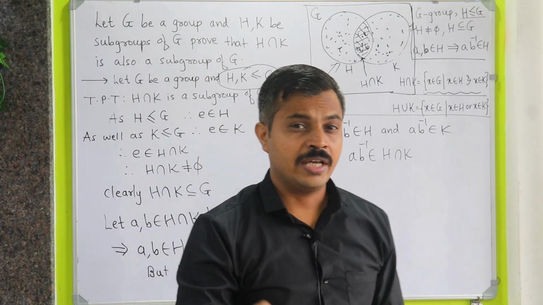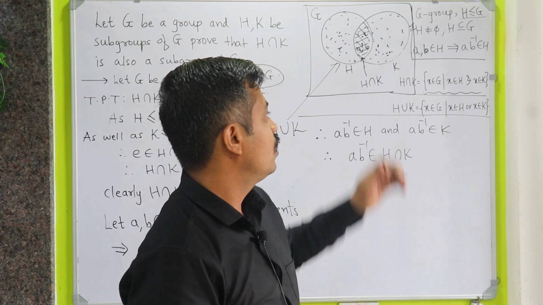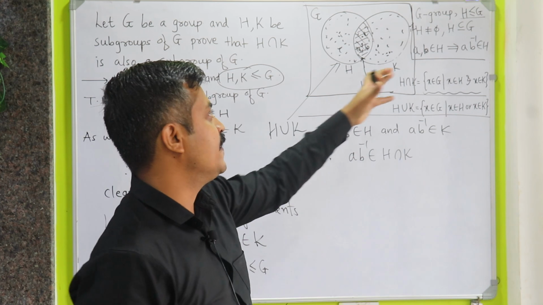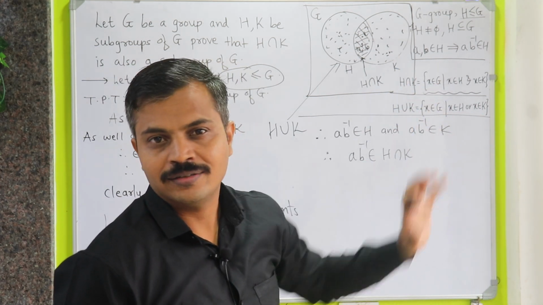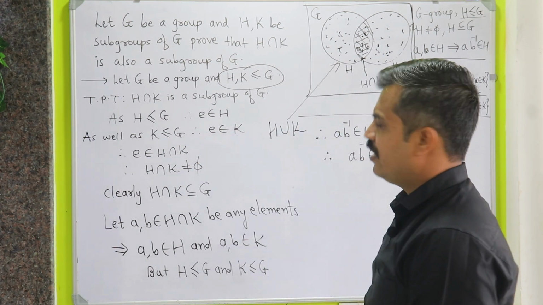So now if we are successfully able to prove H union K is non-empty, H union K is a subset of G and the condition, then we can conclude that the union of two subgroups is a subgroup. So let us think on it.